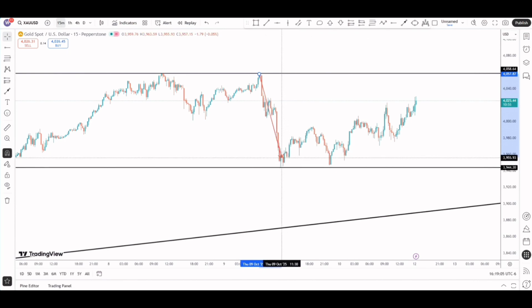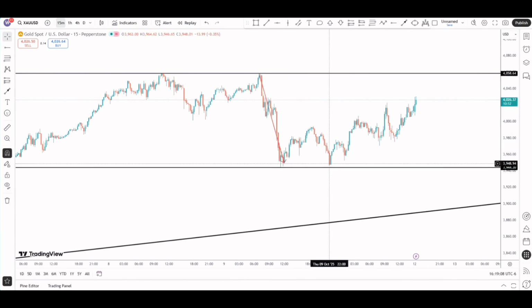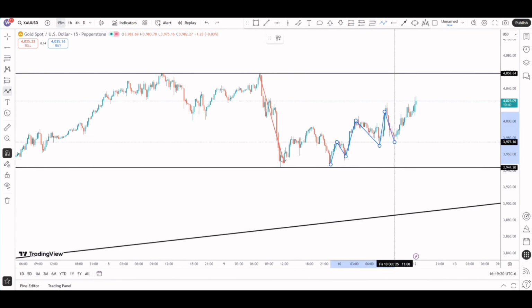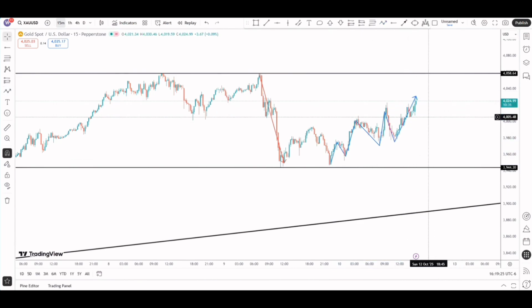When price got to that level, it formed a double bottom pattern continuing to the upside, now forming higher highs and higher lows as we can identify over here. Higher highs, higher lows, and then again breaking this previous high, forming higher highs. So essentially indicating price moving towards the upside.